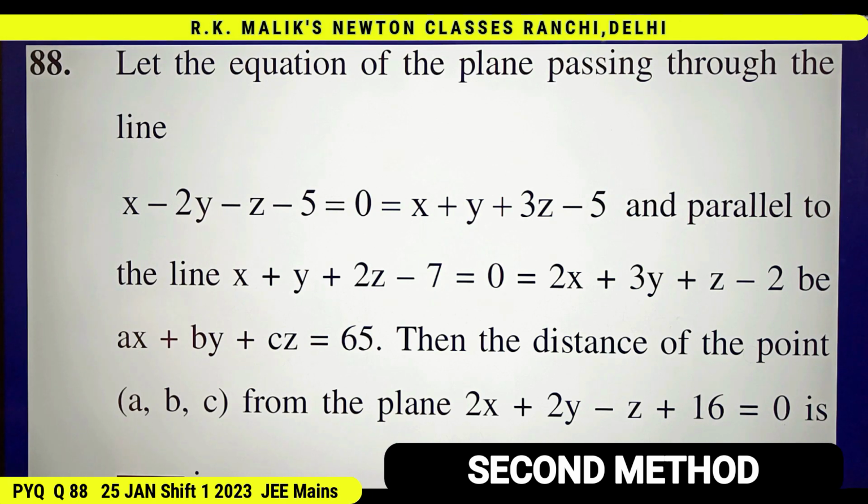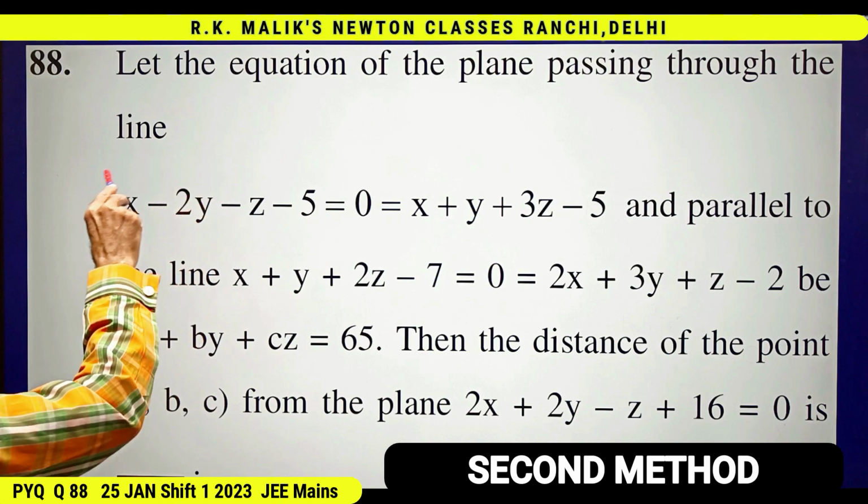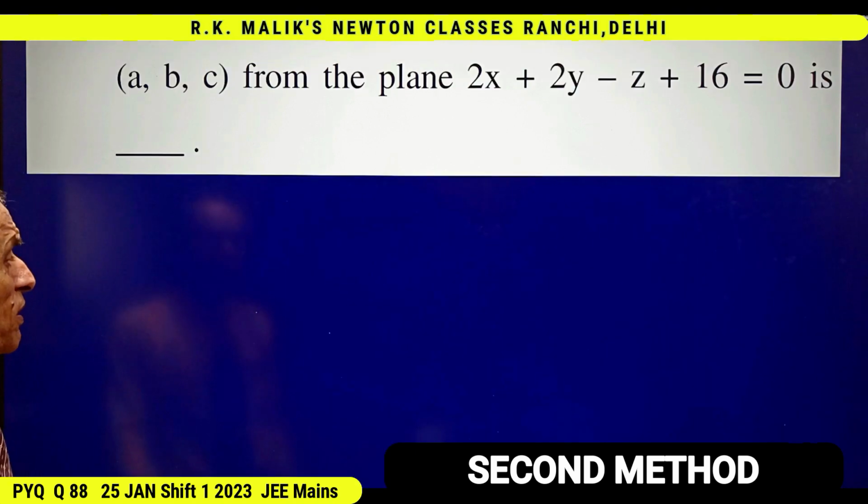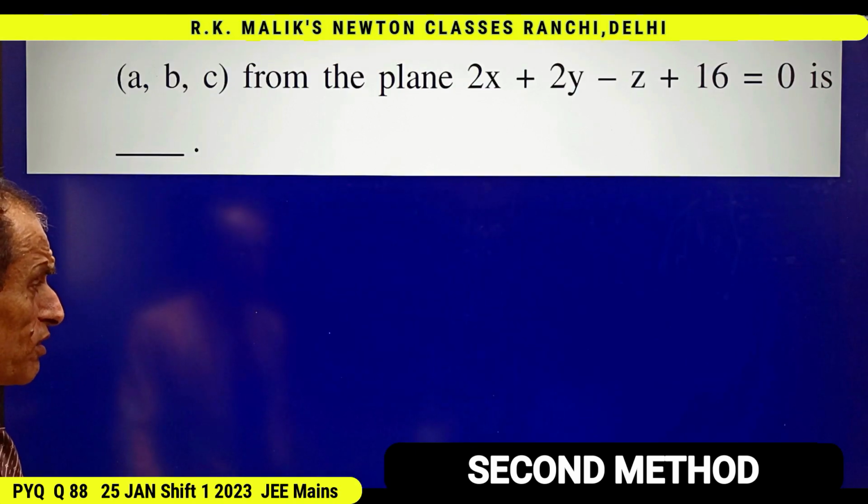First we find the equation of the plane, as it is given that there is a plane passing through this line. If you don't know, remember that there are two forms of the equation of a line in 3D.